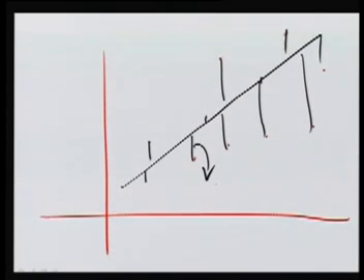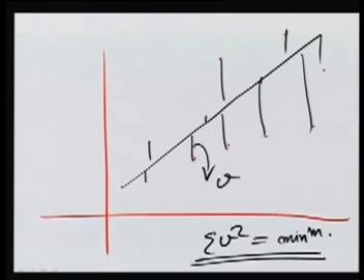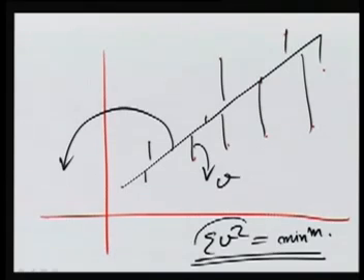These residuals, let us say we say as V, so sigma V square should be minimum. And if we are able to find this line, we say this is the line which we are fitting over these points by method of least square. Okay, the least square that is being communicated by this sigma V square and this minimum thing here. So the same thing we will try to do in our observations also.